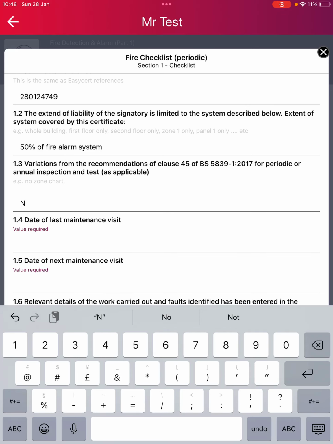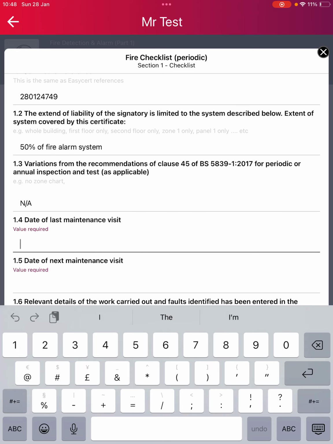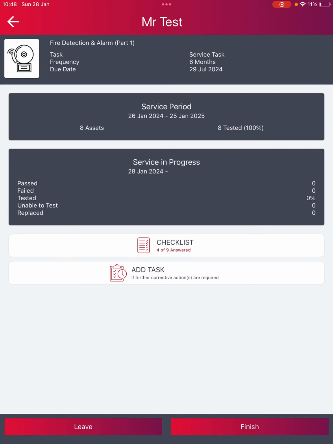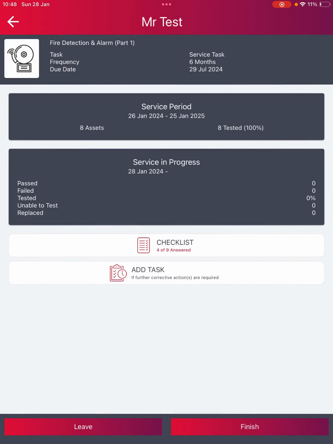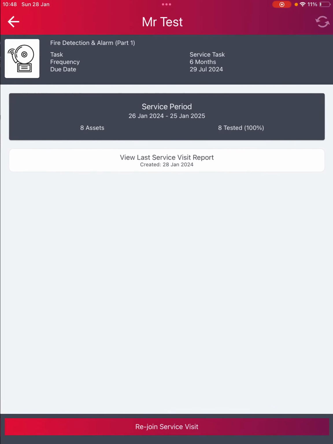So date of last visit will usually be about 6 months ago. Now you can check by, if I go out and I leave a service visit, and I go back in, it will show the last service visit report. So you can see that now. That one's today because I did one earlier, but that is probably going to be the one that we last did 6 months ago.